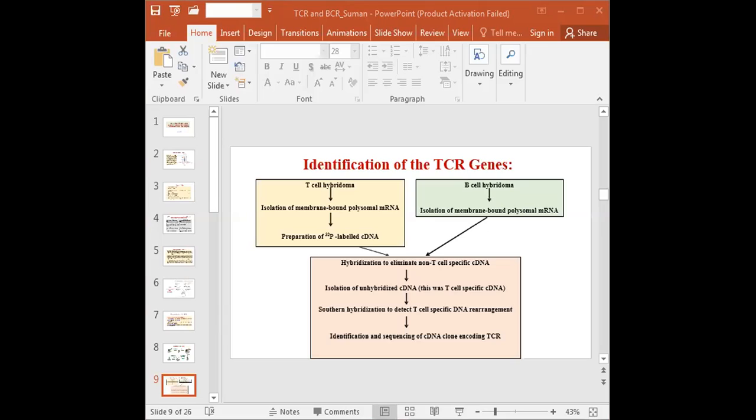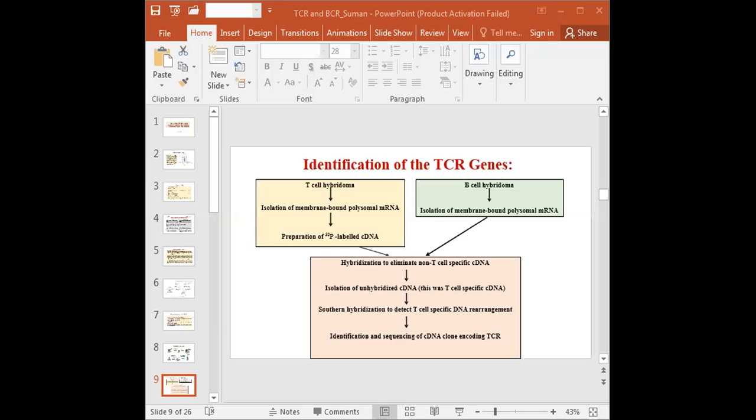Next, they isolated membrane-bound polysomal mRNA from the B cell hybridoma, and this was followed by hybridization of the radiolabeled cDNA from the T cell hybridoma with mRNA from the B cell hybridomas. For the genes expressed in both T cells and B cells, the cDNA and mRNA hybridize together to form double-stranded structures.